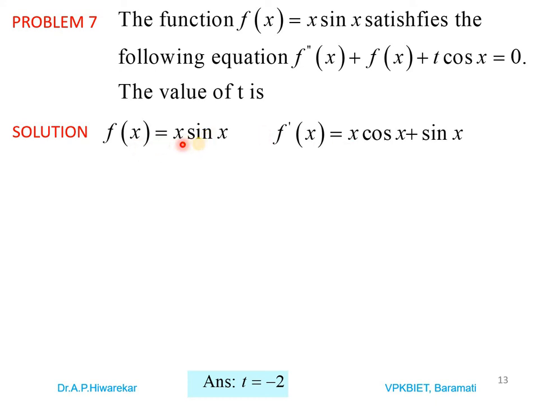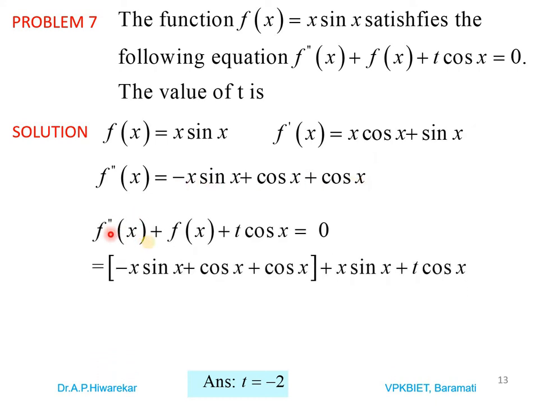Apply the product rule: it is x times cos x plus sin x. And f double dash of x will be the derivative of this quantity. That is x times sin x with minus sign plus x times cos x derivative. X derivative is 1, that's why it is cos x. And derivative of sin x is cos x.